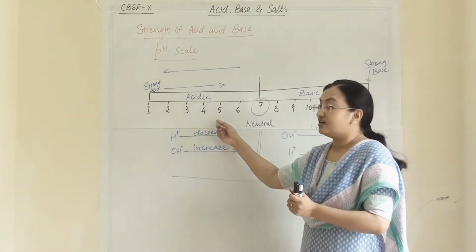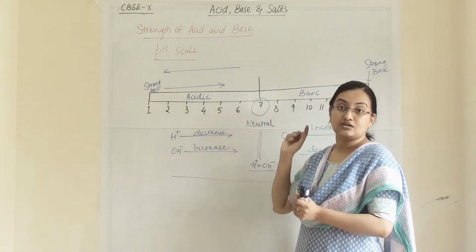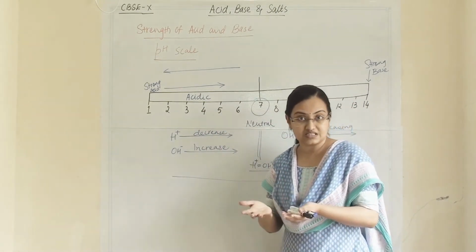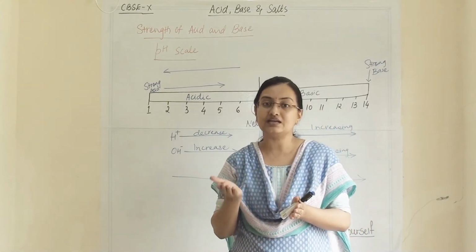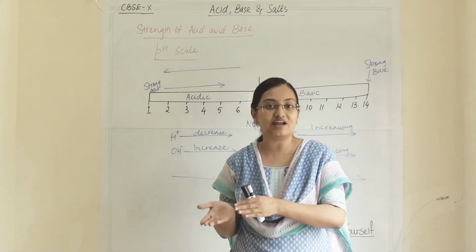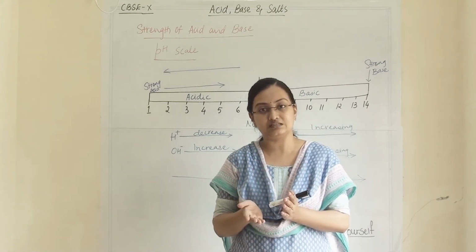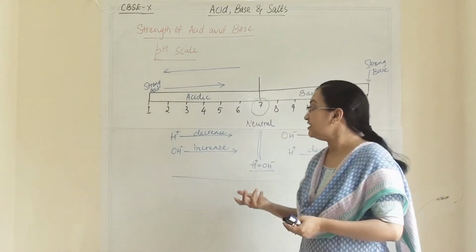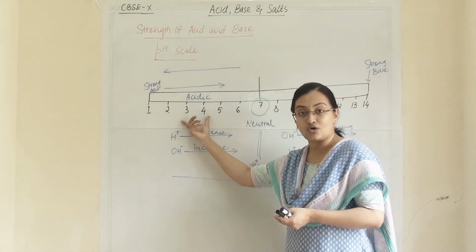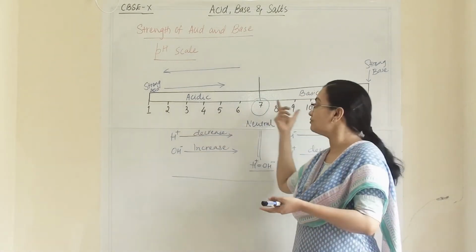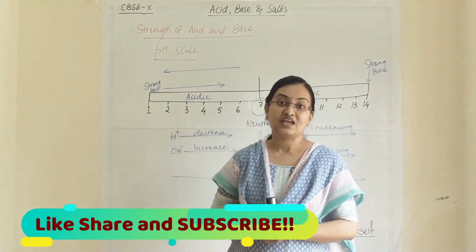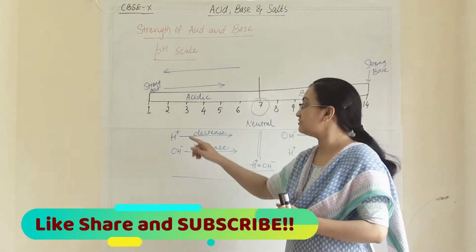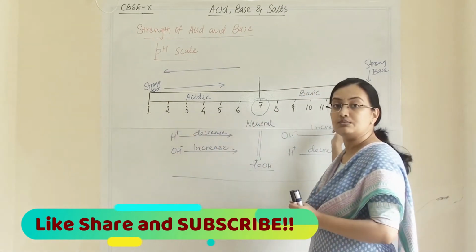We can check the acidic and basic character of a solution through the litmus test. You know that when blue turns red, it is an acidic solution. When red turns blue, it is a basic solution. But when we need to check the strength of an acidic or basic solution, we use a universal indicator. And that universal indicator will work throughout the pH range.